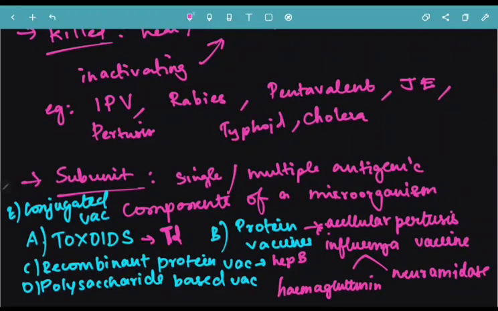Now next, moving on to polysaccharide based vaccine. Polysaccharide based vaccines means the polysaccharide coat of the bacteria is used in producing the vaccine. What do you mean by polysaccharide based vaccines?